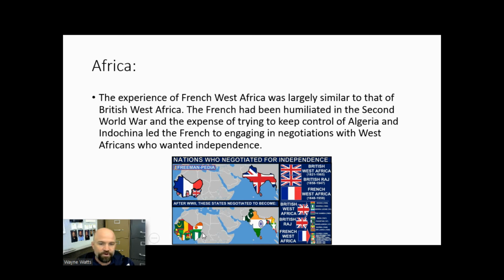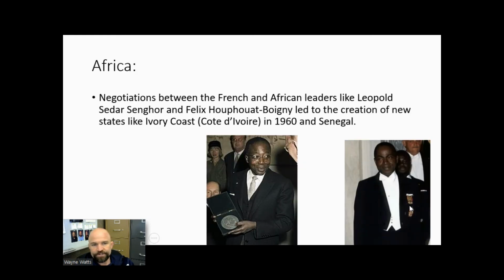And so, for the most part, these West African states ended up negotiating with France to gain independence. Negotiations between the French and African leaders like Leopold Sedar Senghor and Felix Houphouët-Boigny led to the creation of new states like the Ivory Coast or Cote d'Ivoire in 1960 and Senegal.